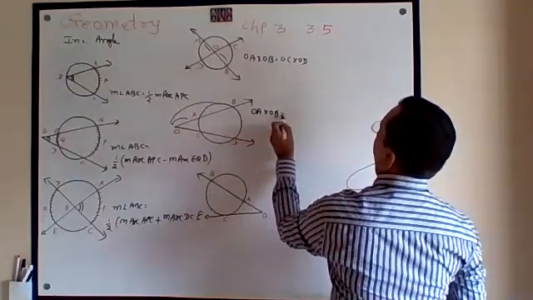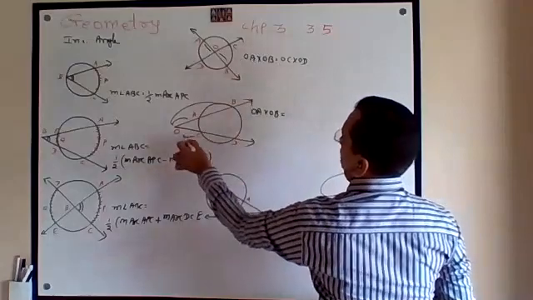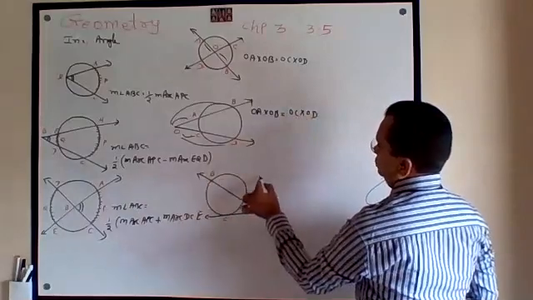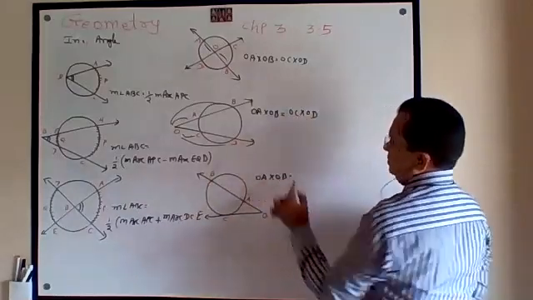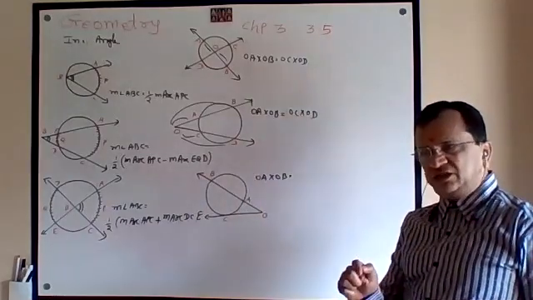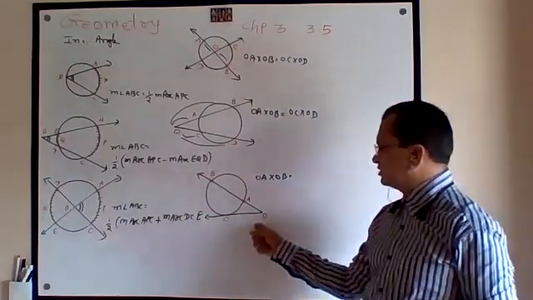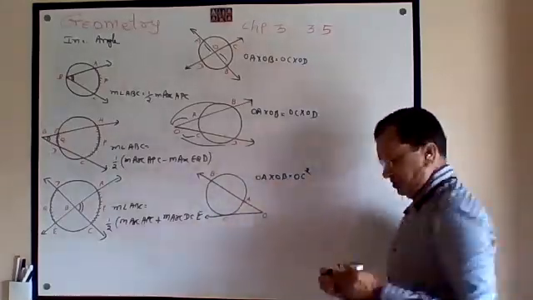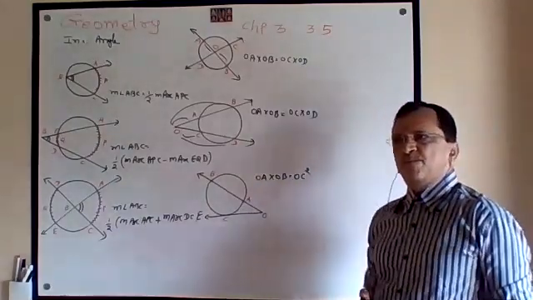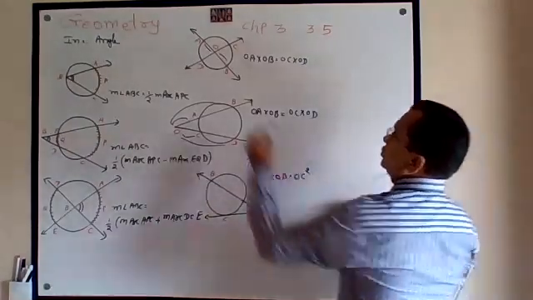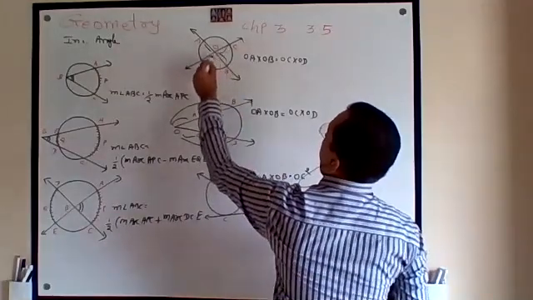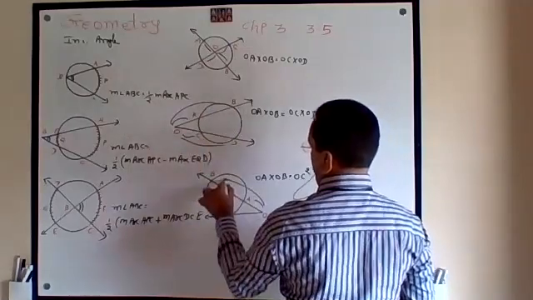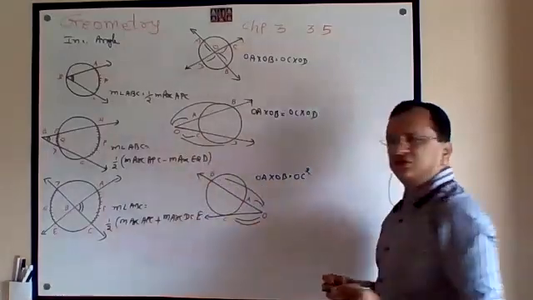O should come in all four segments. Here also OA into OB. On the same line from the intersection there are two segments, but here it is only one, so OC, OC, OC square. So OA into OB equals OC into OD, and OA into OB equals OC into OC, so OC square.